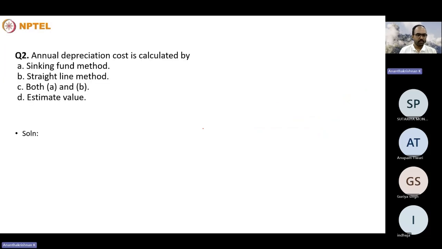Let's look into the second problem. It's based on the economics part.